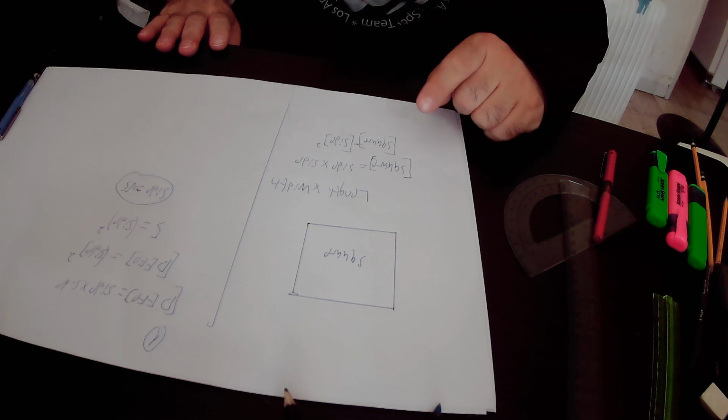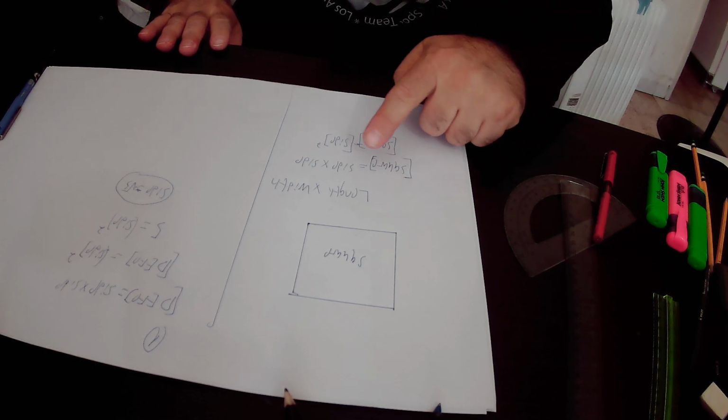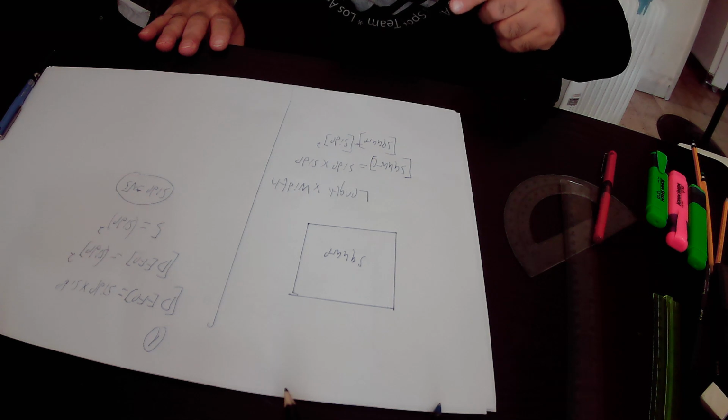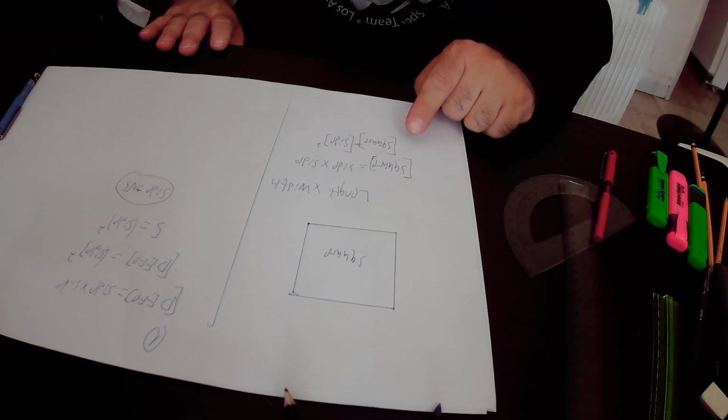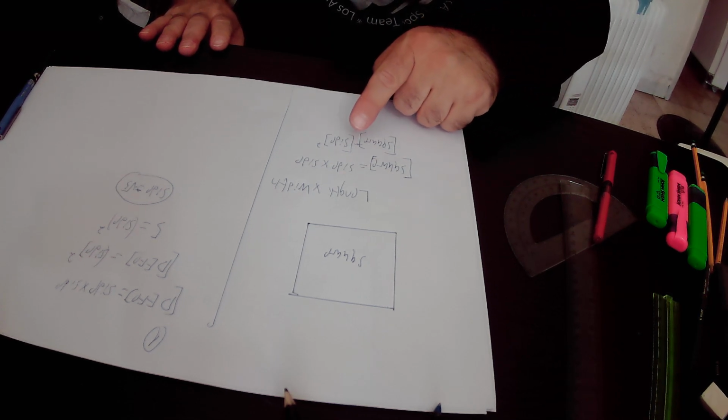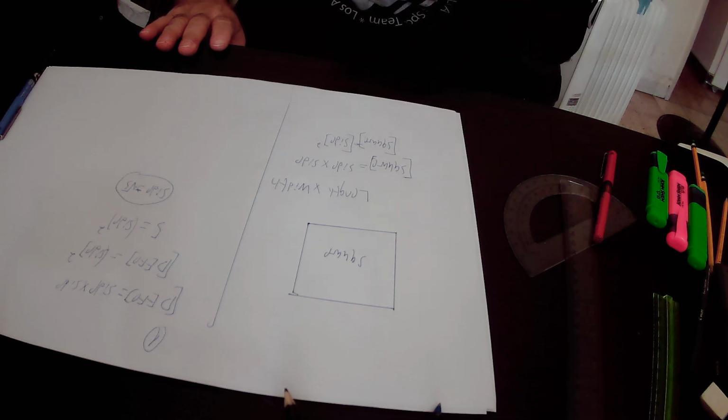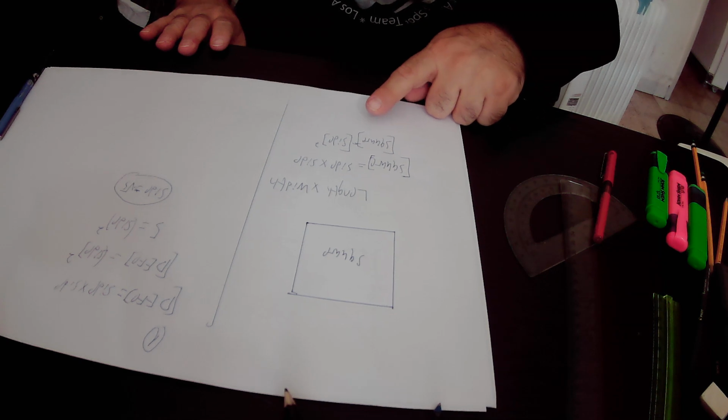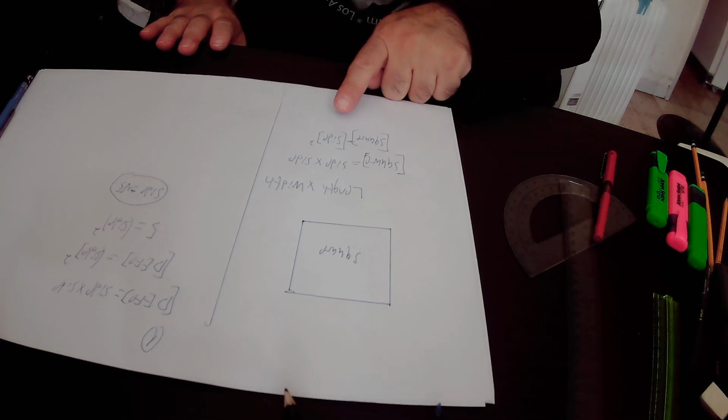But because in any square the length equals the width, we can write down that the area of any square equals the side times the side. Or the area of any square equals the side squared.